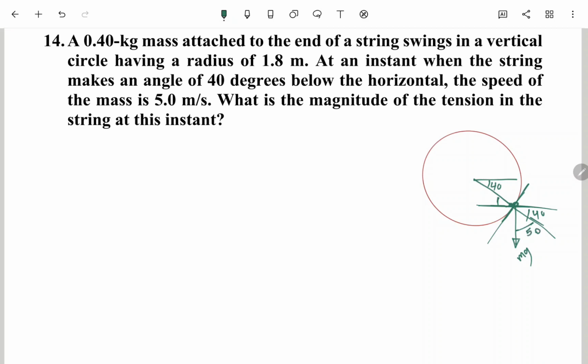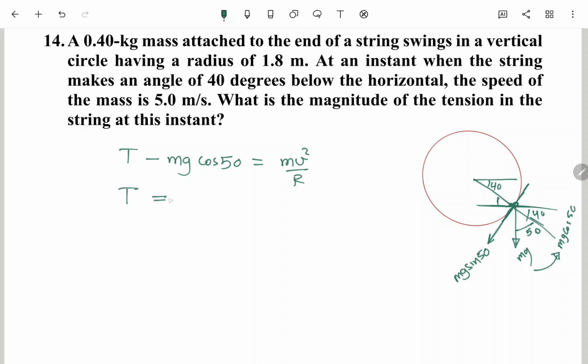Now you analyze this one here, mg cosine 50, and this one right here, it's mg sine 50. Now in this case here, tension minus mg cosine 50 equal to mv square over r.